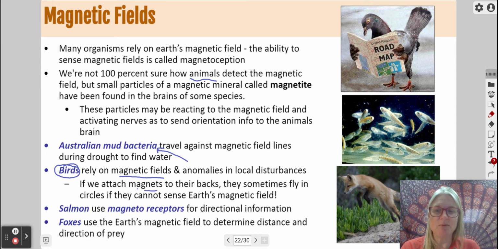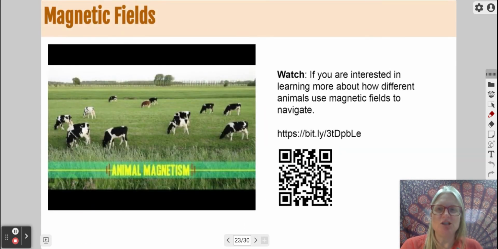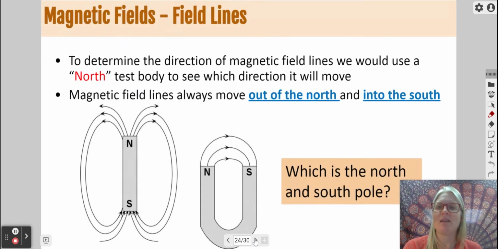Very interesting. Salmon may use that too. They have magnetoreceptors in their body that help them figure out direction using Earth's magnetic field. And foxes might even use it. There is a video on the next page you might want to watch if you're interested in animal magnetism and how they use magnetic fields to get around.